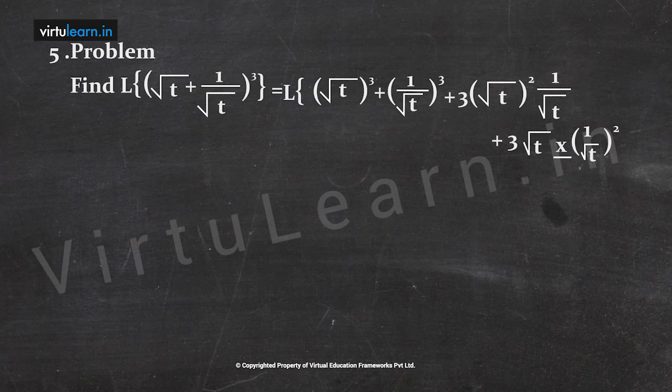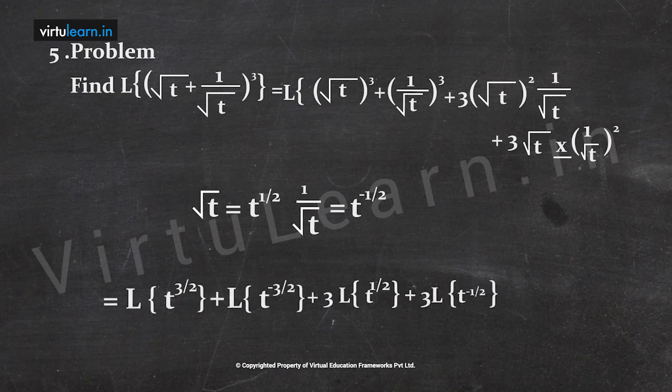Now the Laplace transform of (√t)³: √t is nothing but t to the power of 1/2, and 1/√t is nothing but t to the power minus 1/2. Then the Laplace transform of (t^(1/2))³ means t^(3/2). And the Laplace transform of t^(-3/2), that is (t^(-1/2))³.